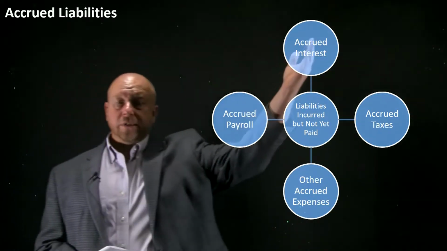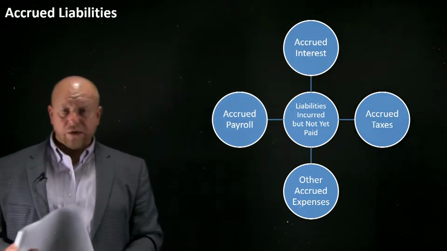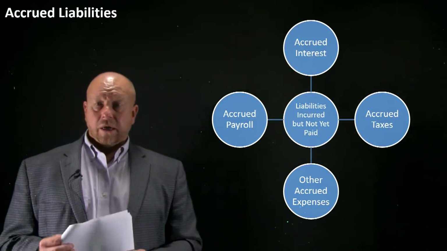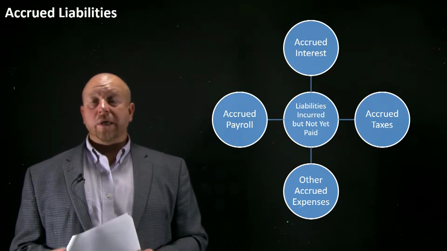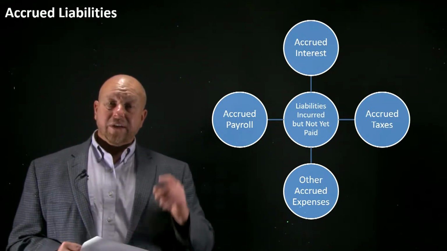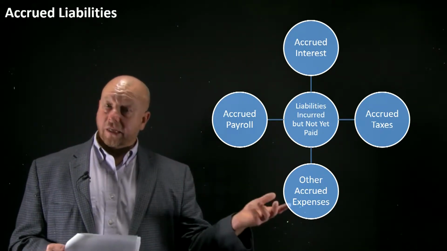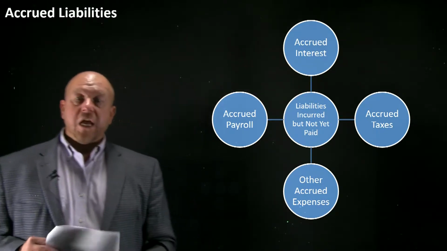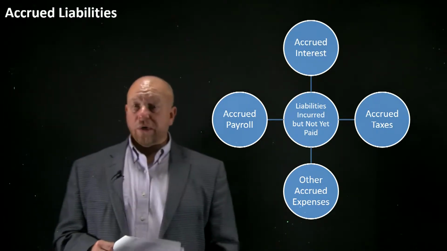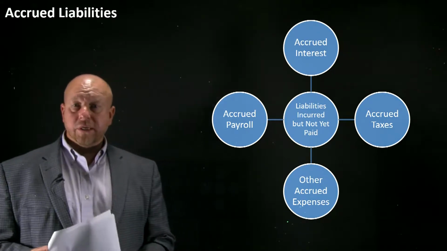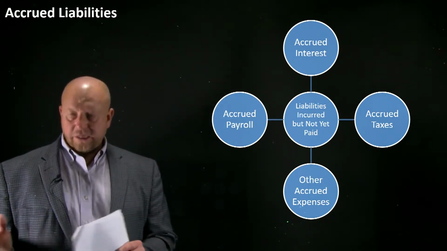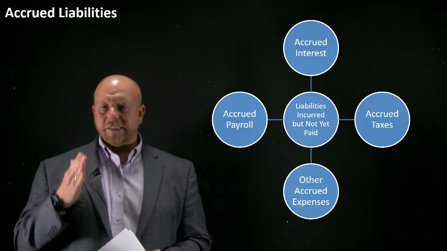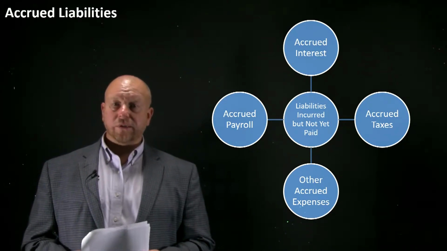It could be interest. We have borrowed some money from a bank or another lender, and every day that we borrow that money, we incur interest expense, even if the interest payment might happen at a later date. Payroll, very common on companies' books, because rarely does the end of a pay period coincide exactly with the end of a company's fiscal year.